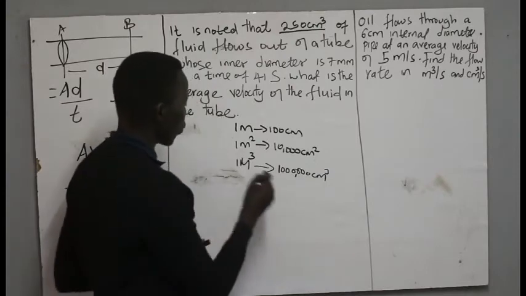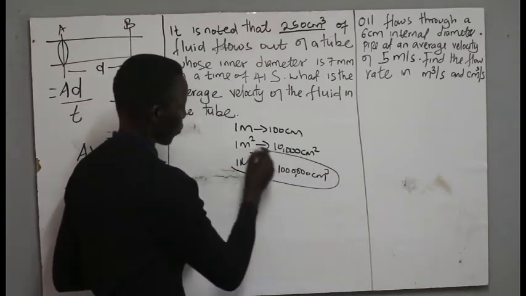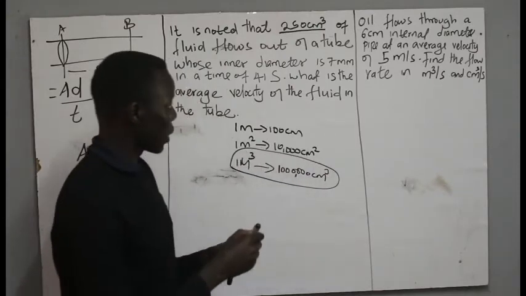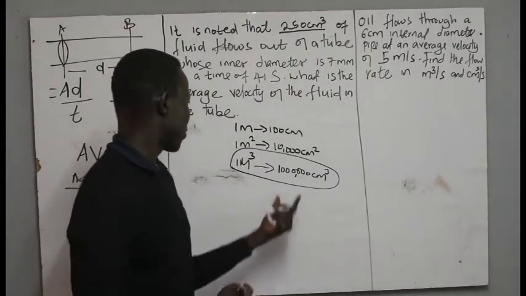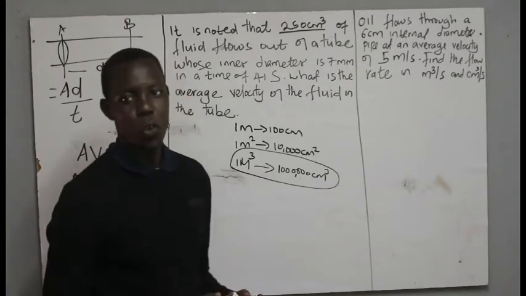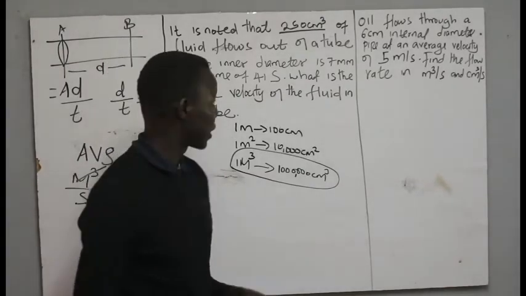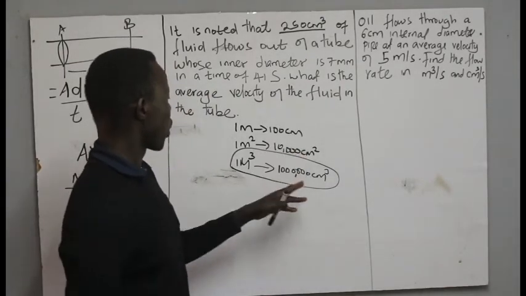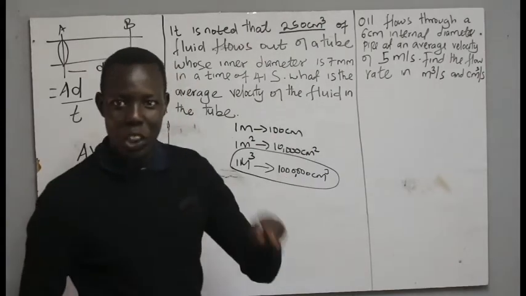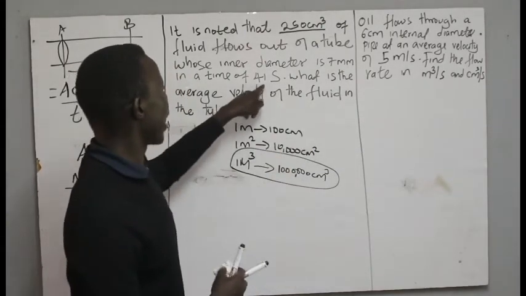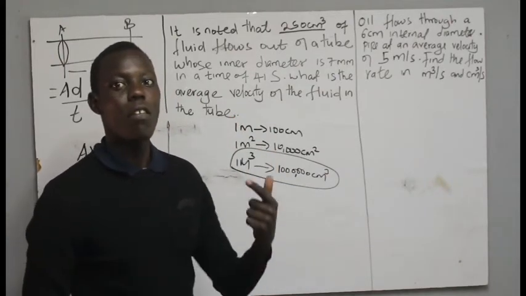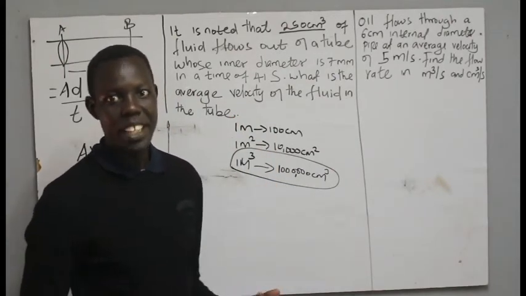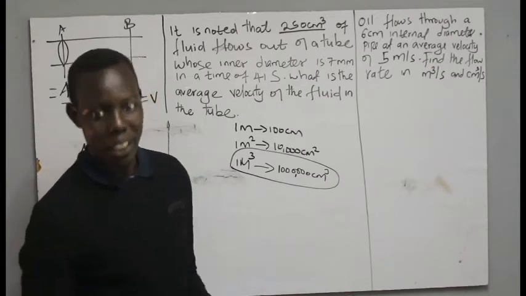Well, so this is what we are using. So for us to convert this into meters cubed, simply divide by a million. You just take 250 centimeters cubed and divide by a million. The answer you will get, you divide by 41 seconds, so that we can get the volume flux in meters cubed per second.